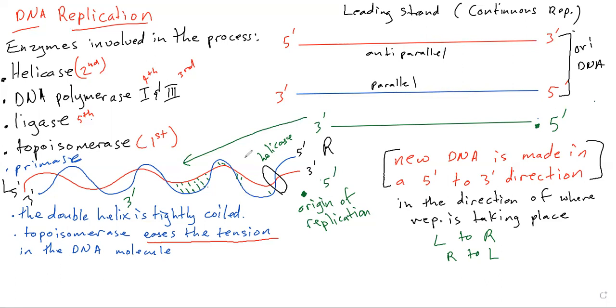Whichever strand is anti-parallel to the new strand, that is your leading strand. The one that is parallel is the lagging strand. So that means this strand is your leading strand, and this one is your lagging strand.